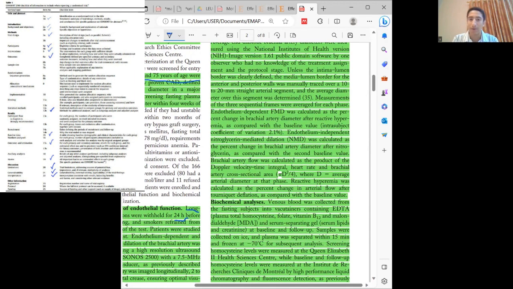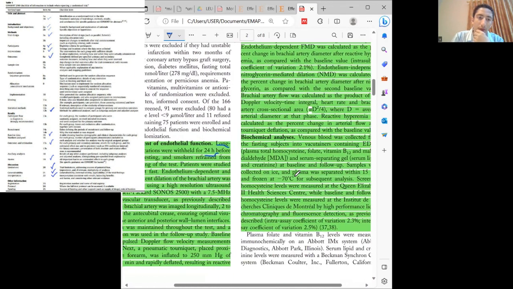Number 6a we cannot find. Number 6b, any changes to trial outcomes after the trial commenced. Sample size we cannot find. Randomization.